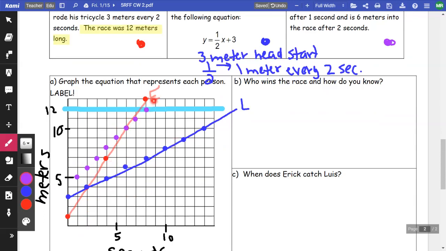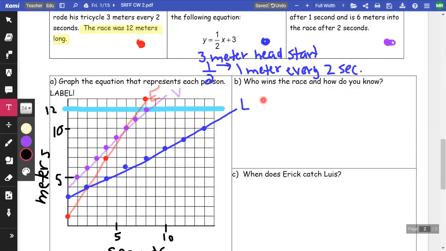And then I'm going to connect those. Okay. And if I'm going backwards, it would have crossed right there at 4. So I'm going to draw this line. Again, this is Valerie. So then it asks, who wins the race and how do you know?